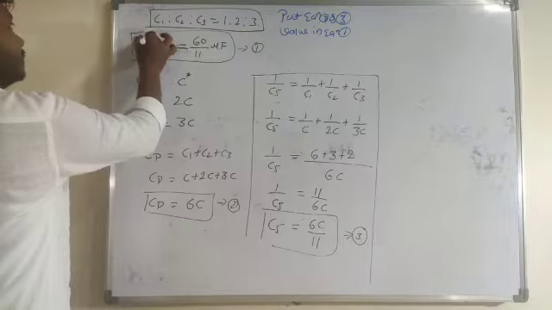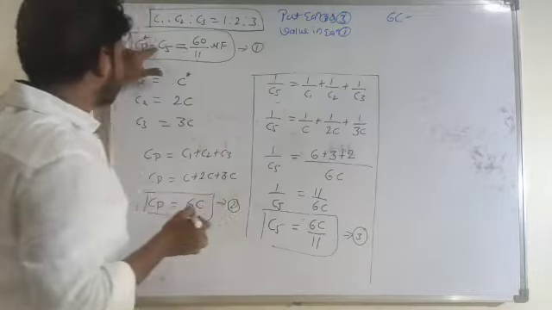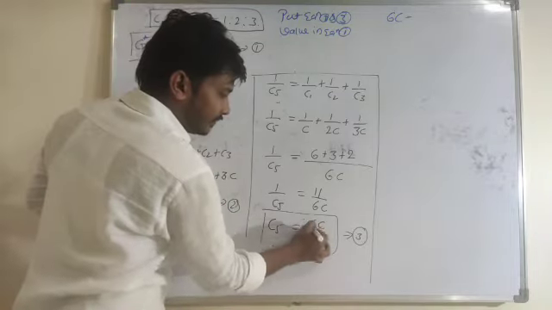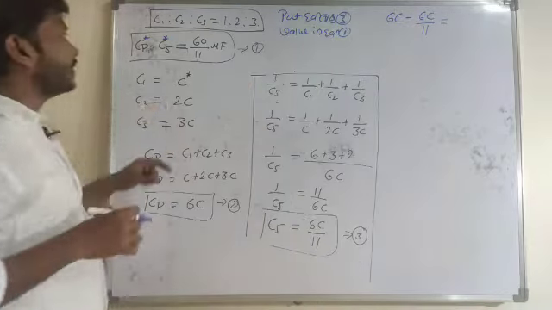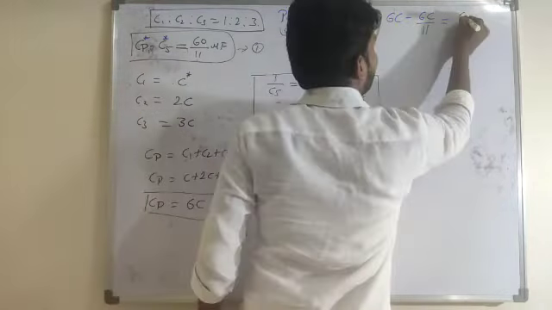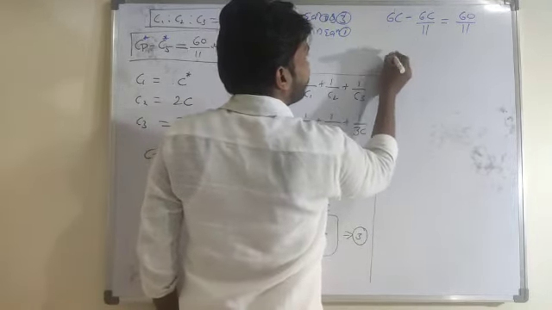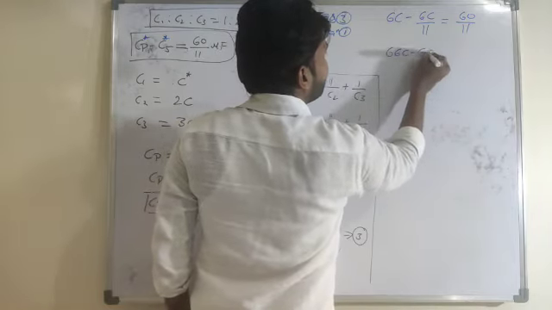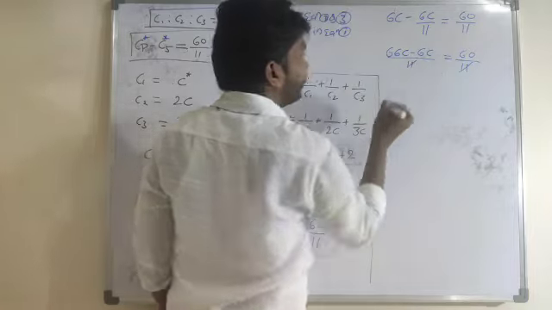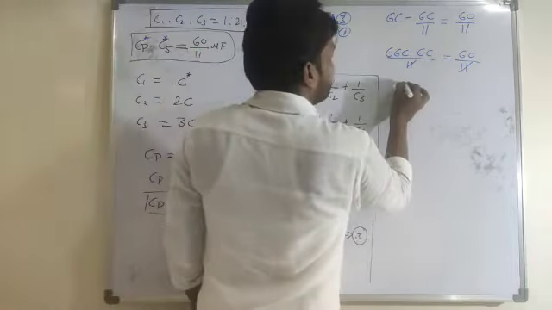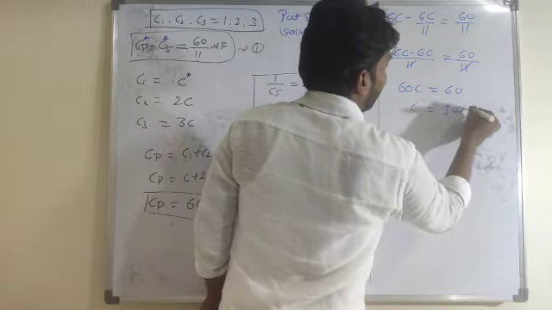Then we get Cp minus Cs, which is 6C minus 6C divided by 11, equal to 60 by 11. Multiplying by 11, we get 66C minus 6C divided by 11 equal to 60 by 11. The 11 gets cancelled out, so 60C is equal to 60. So C is equal to 1 microfarad.